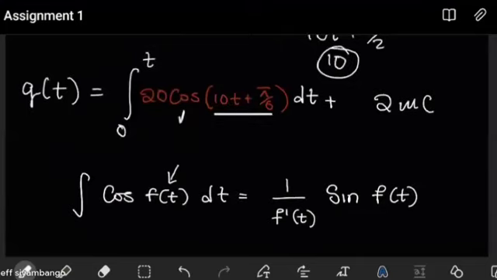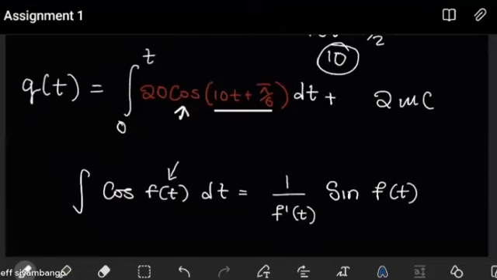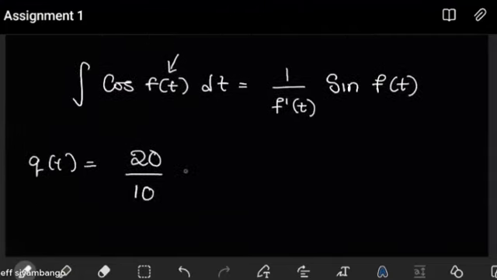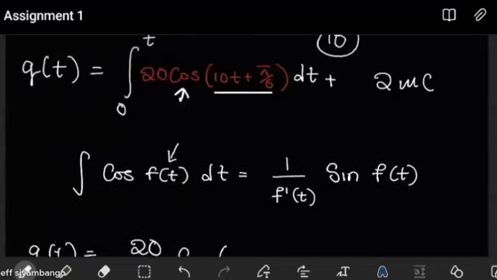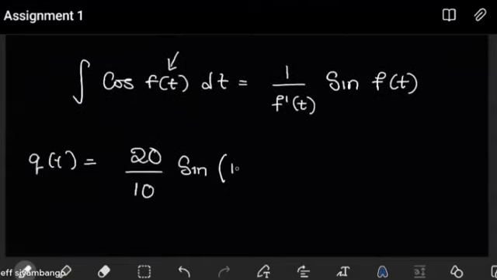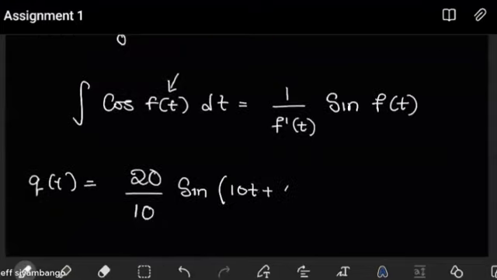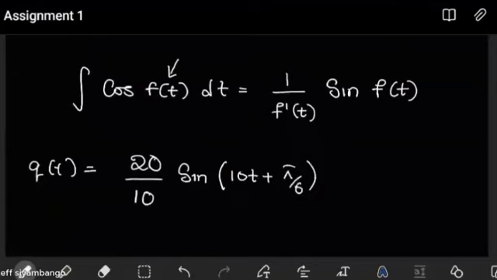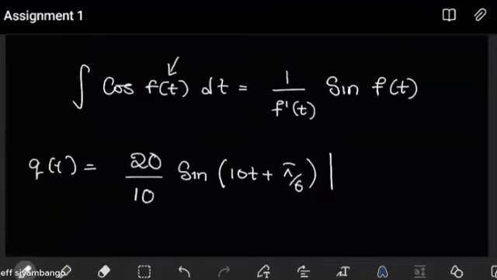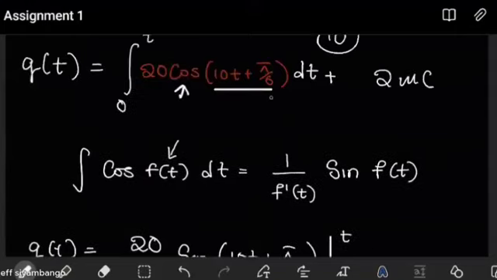So I've differentiated this and I've divided it. Now I need to integrate the cos. The integral of cos is sine. Then the argument remains the same. The argument is 10t plus pi over 6. So that becomes our integral, and this is from 0 to t. So I've done this. The limits of integration are just 0 to t.